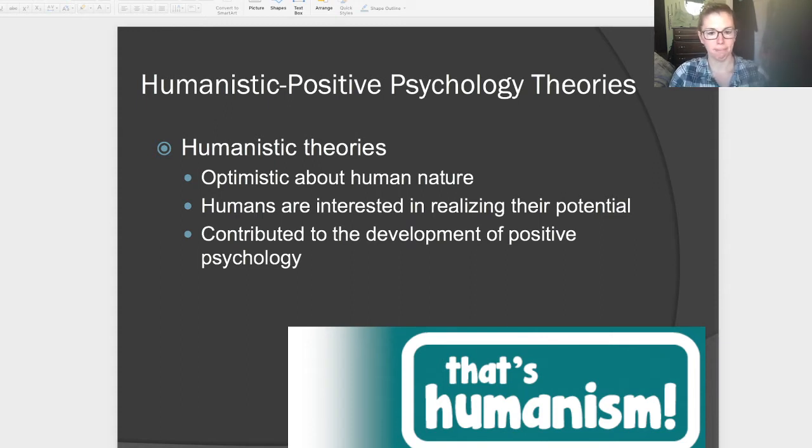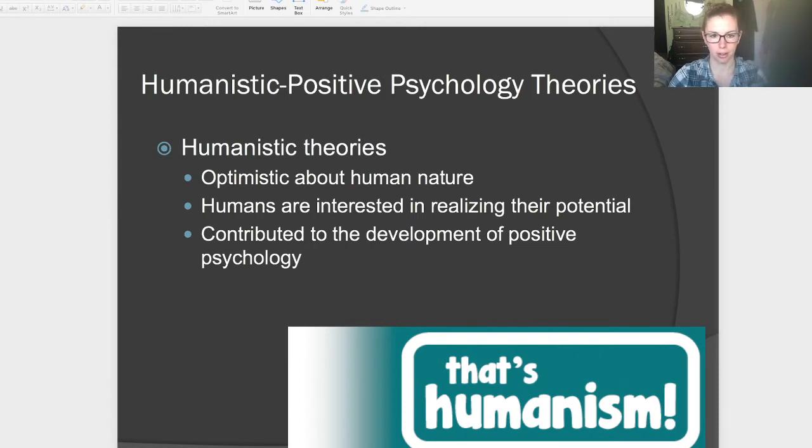And so what we know is that the humanists were quite tired as a group of Freud. They were sick of not just Freud, but Freud's theories and psychoanalysis because of the assumption and the study of basically psychological illness as opposed to psychological health. And so the humanists were really the first to start studying psychological health as opposed to illness.